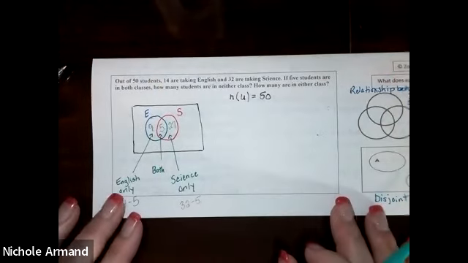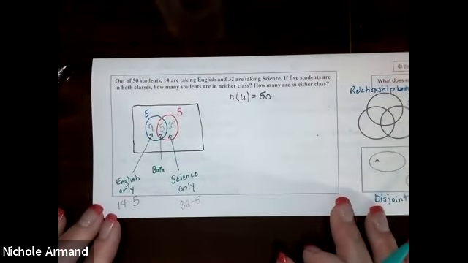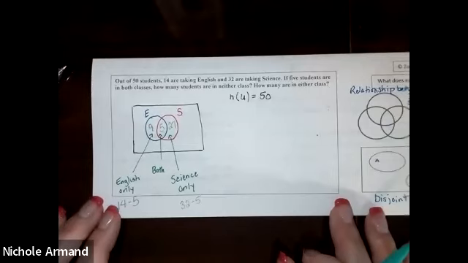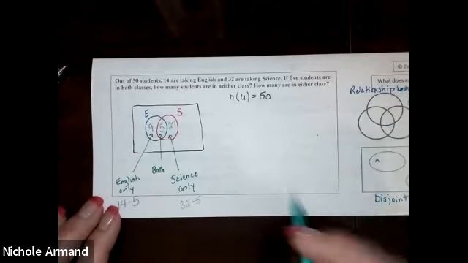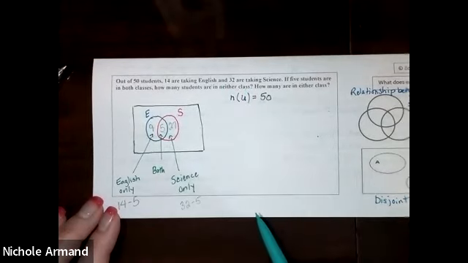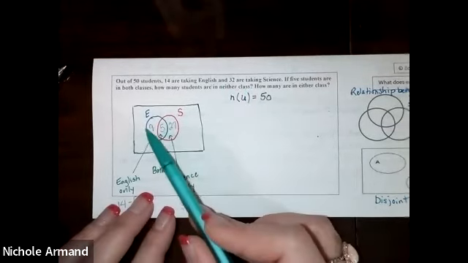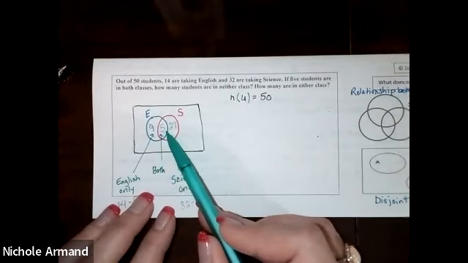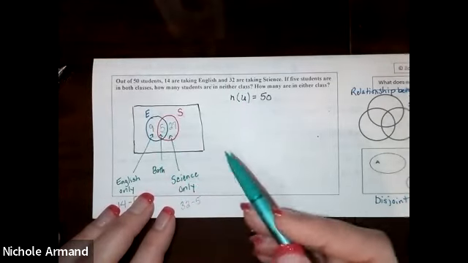And now I can answer these questions. How many students are taking neither class? Well, how am I going to know that? Well, what is 9 plus 5 plus 27?